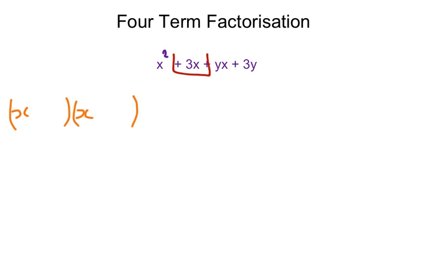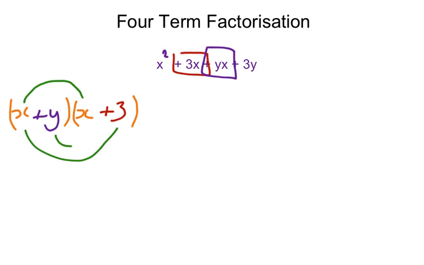To get a plus 3x, we need a plus 3 in one bracket. To get a plus yx, we need a plus y in the other bracket. And now if we check, we get x squared plus 3x plus yx plus 3y. So that does indeed give us what we want.